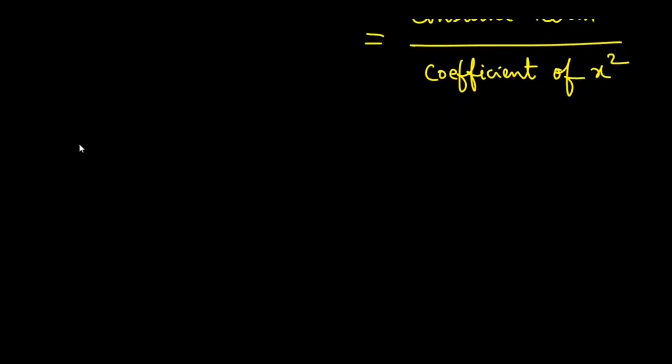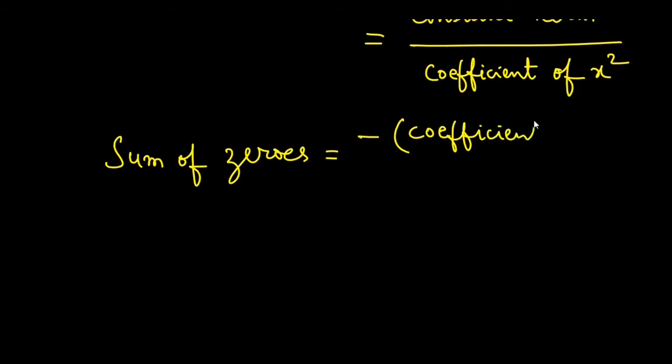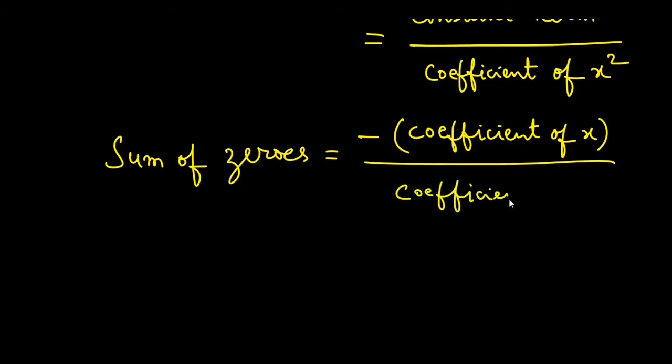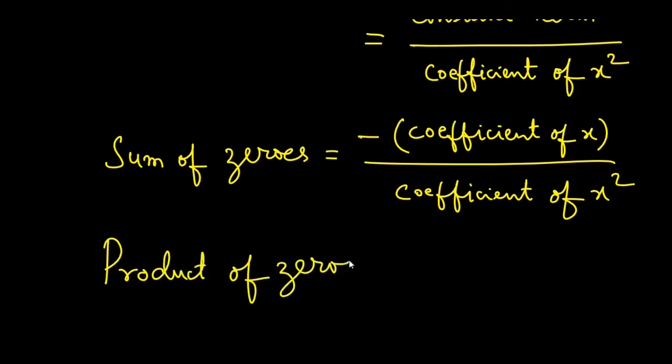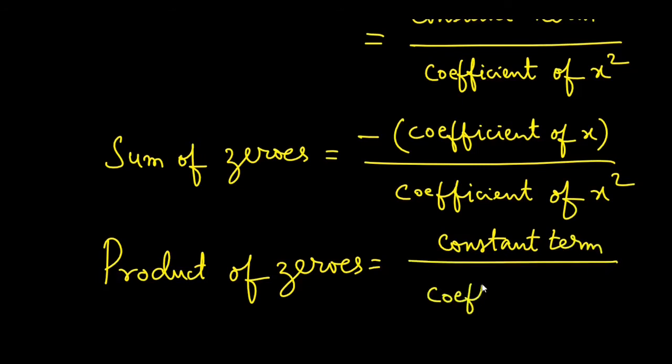So the relation we are getting here is: sum of zeros is equal to minus of coefficient of x by coefficient of x square, and product of zeros is equal to constant term by coefficient of x square.